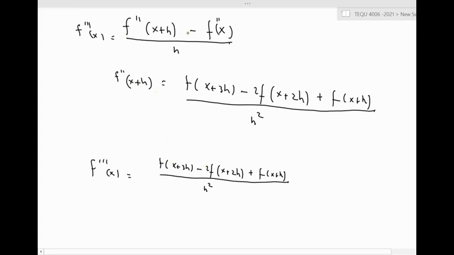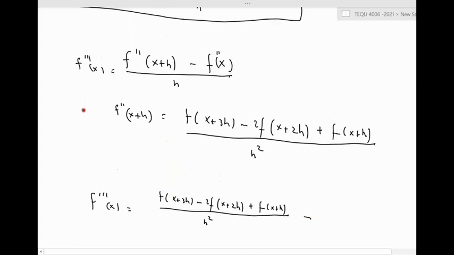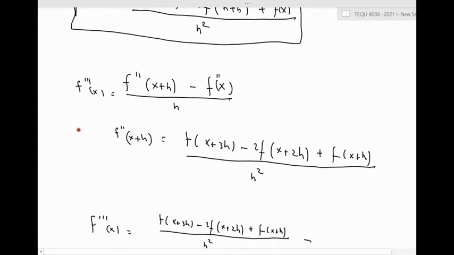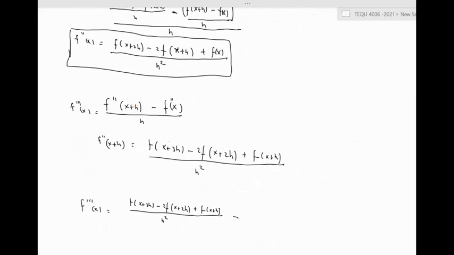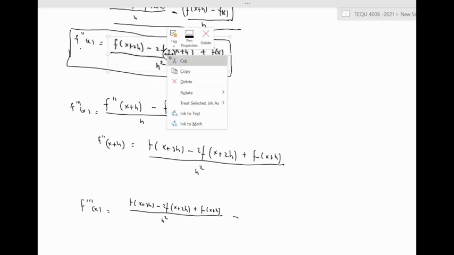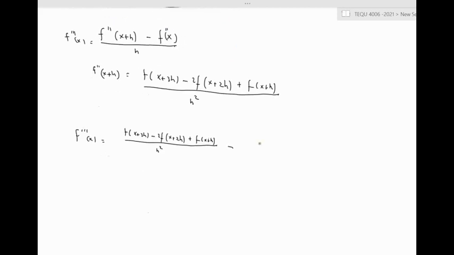Now I need to do this part here, minus f of x. That's actually the second derivative, this one here. So that will be taking all these and plugging them here, and then finally dividing by this h. So the second derivative is this one here. So let's get all these and put them right here.